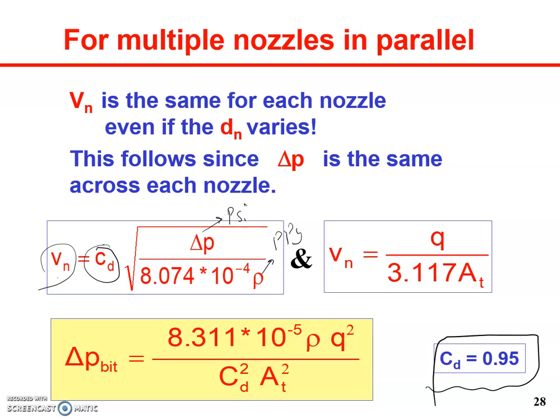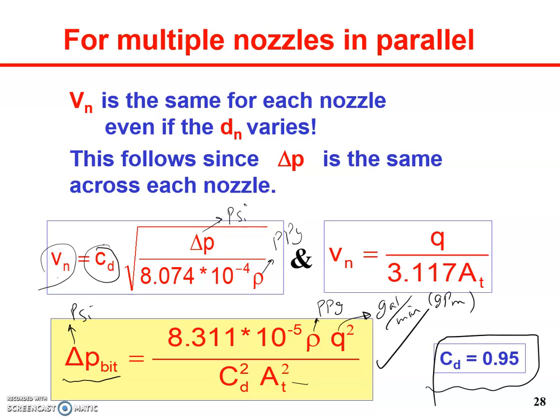So substituting into this equation, we get to this final equation that describes the pressure drop across the bit. In this equation, pressure drop is in psi, again density is in pounds per gallon, and the flow rate here is in gallons per minute. Sometimes we show it with GPM.